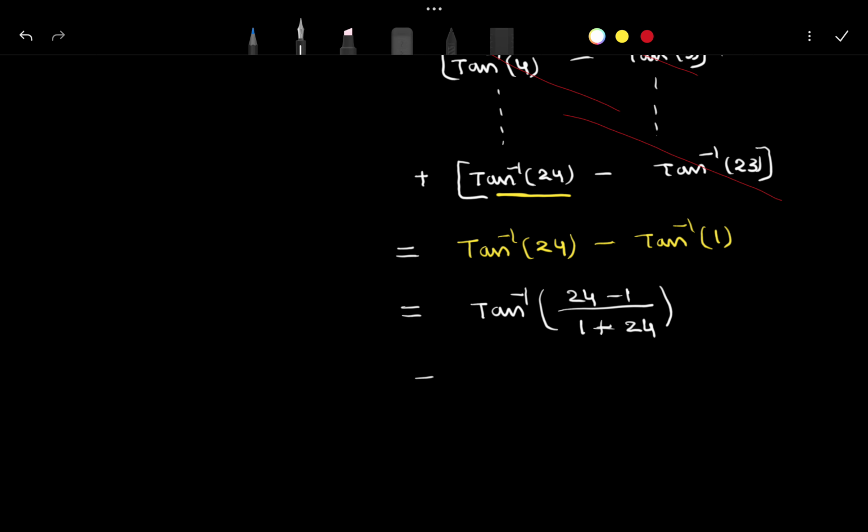So this value will be equal to tan inverse of 23 whole divided by 25. Okay, so this is the value. This one you can also write as cot inverse of 25 by 23. So this conversion will depend on the options.